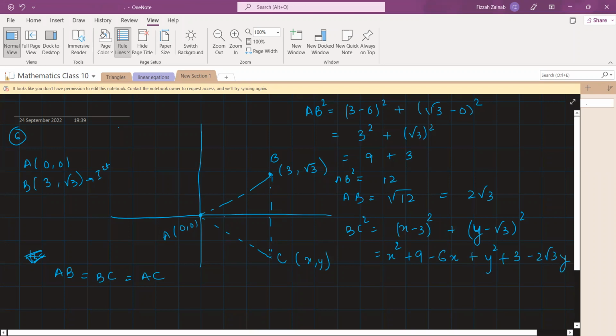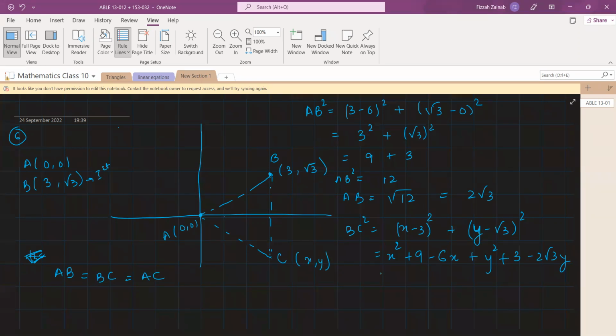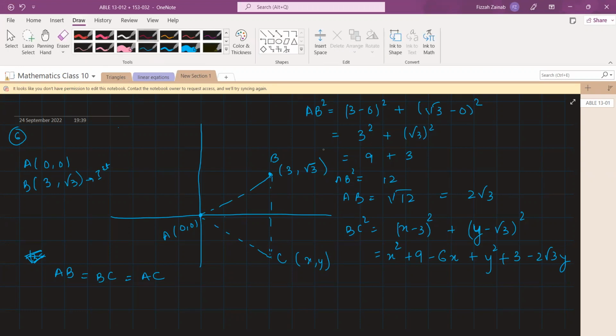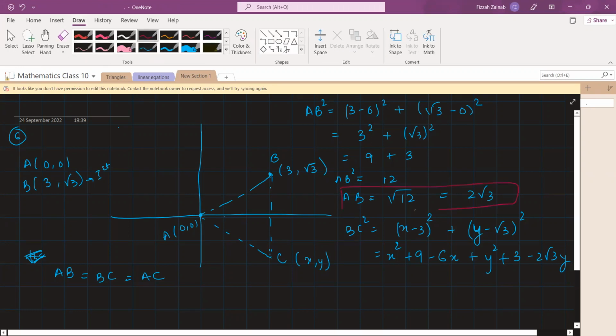Yes, ma'am. I think we cannot substitute anything here. Okay, let's leave it here. This is your BC square, equation 1.